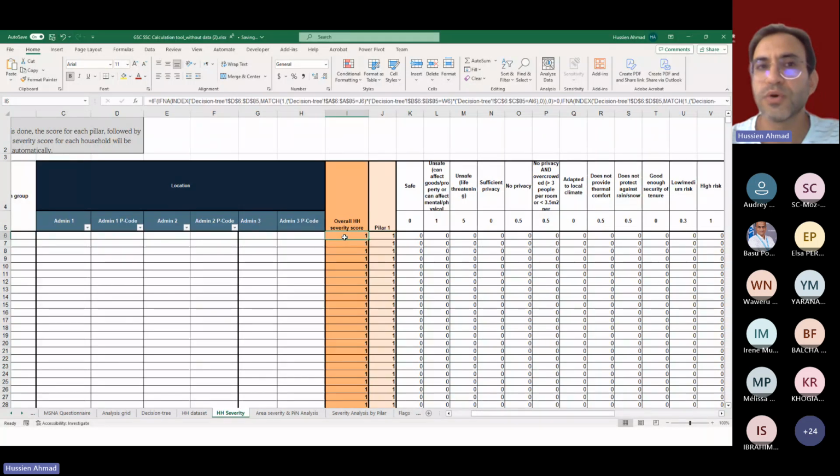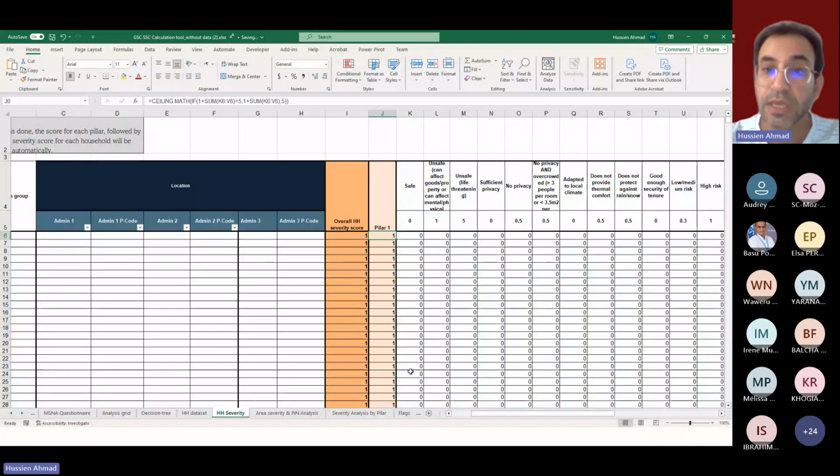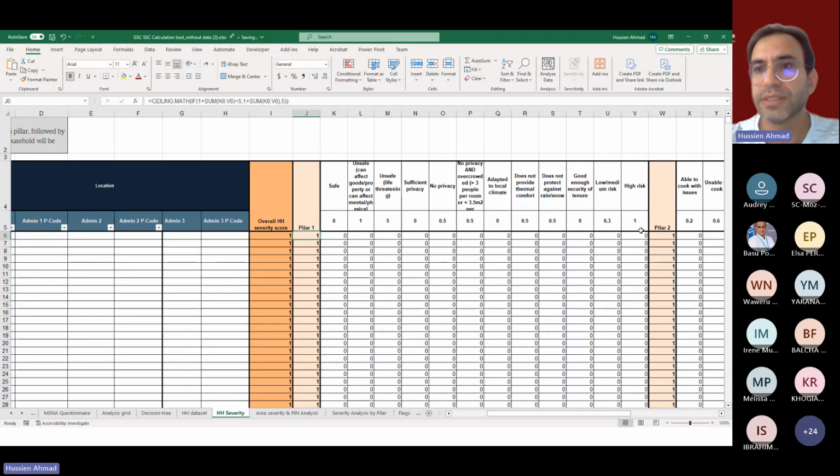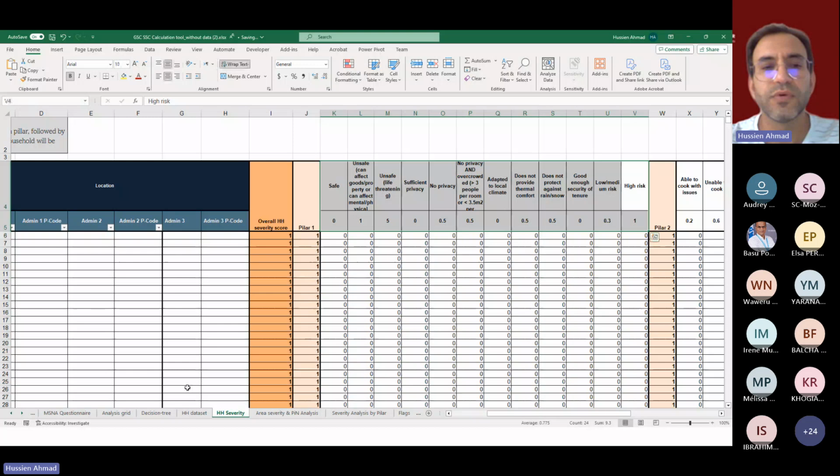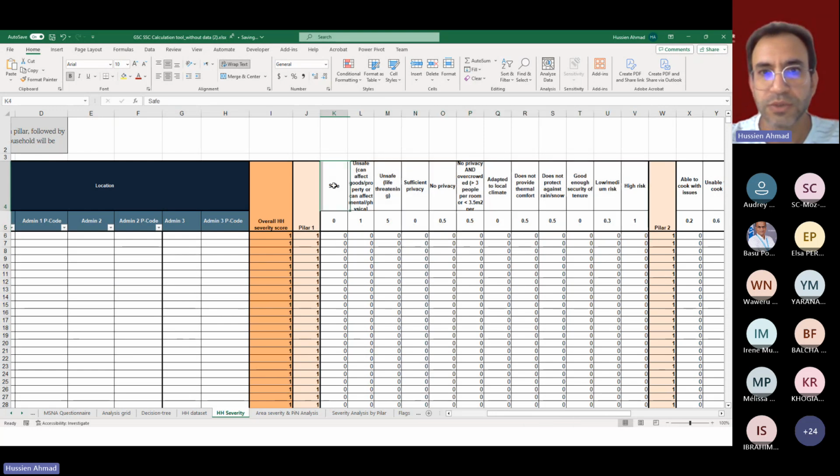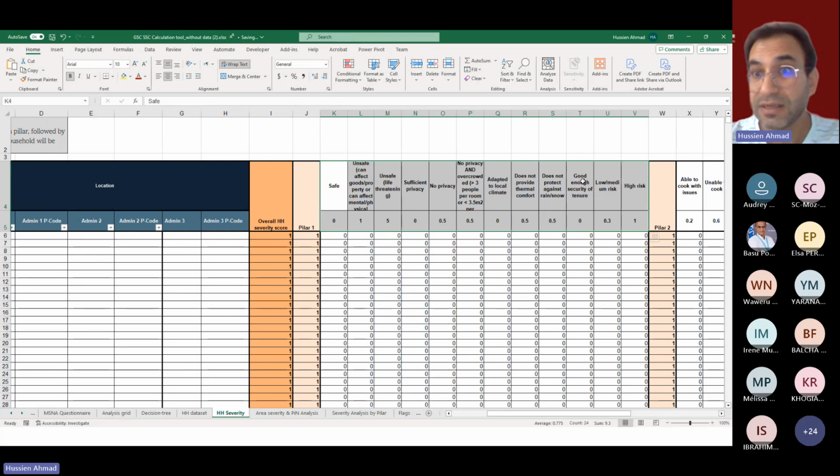These scores are automated. If you see here, they have formulas. If you look at the top, they have formulas, they are automated, the calculation will happen automatically. Based on what? Based on the criteria that we have defined for each pillar in the analysis grid. So the columns, for example, K to V here, and these two rows, the one I'm highlighting here, they are the criteria for pillar 1 with the scores that we have used for that.